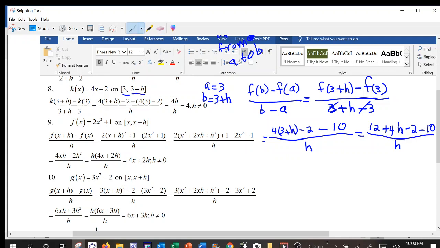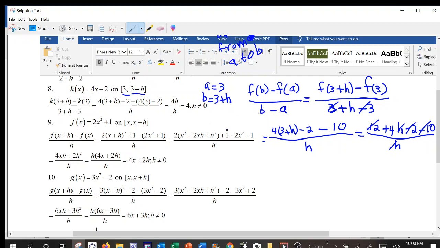The 12 minus 2 is positive 10, which cancels that 10. So we get 4h over h, and the h's get cancelled. So we get just 4. And h cannot be 0 because we canceled it here.